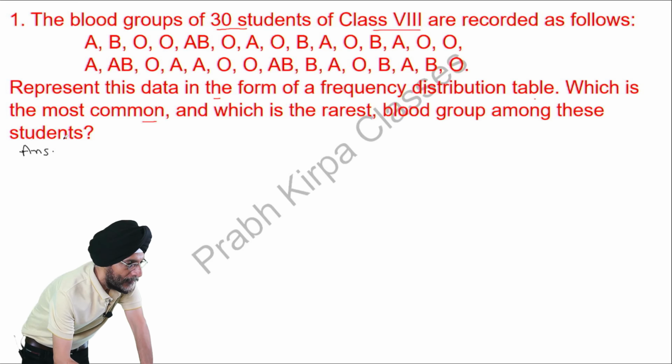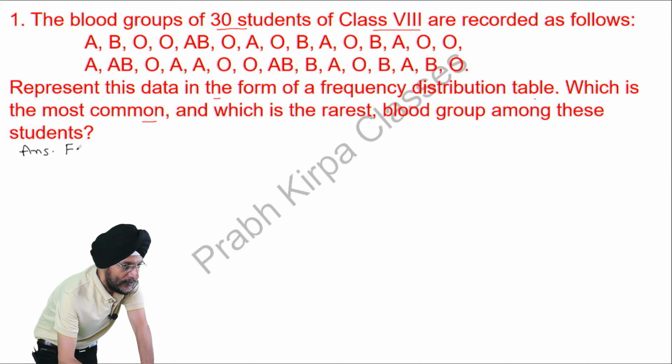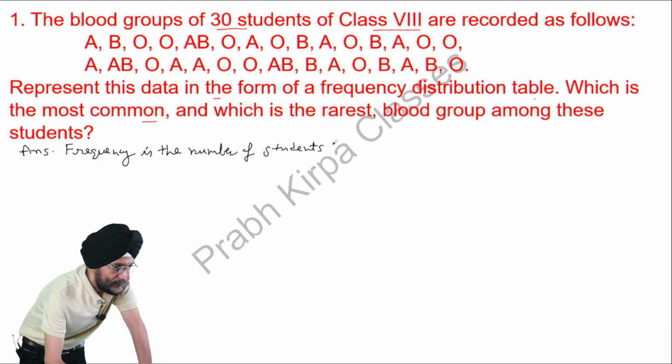Answer. Here we have to form the frequency distribution table. First, what is the meaning of frequency? Frequency is the number of students with the same blood group.